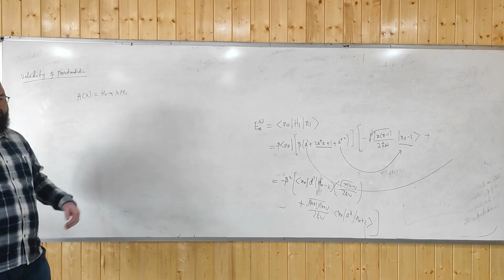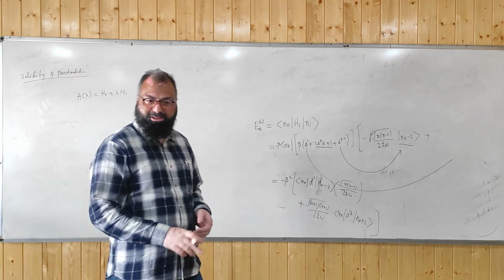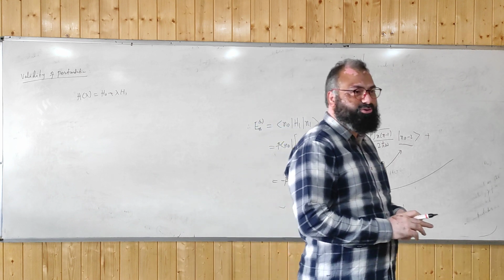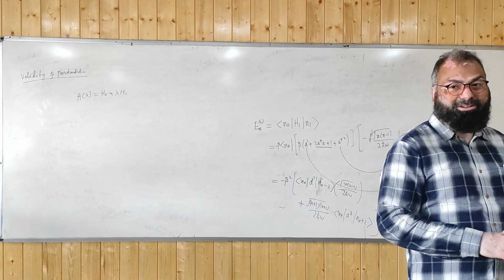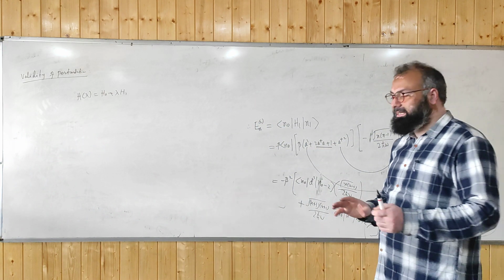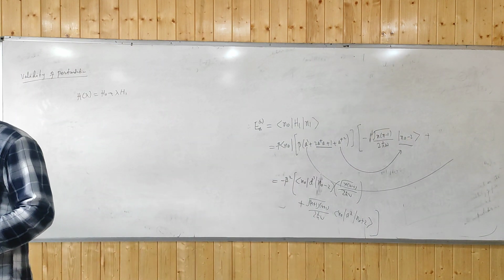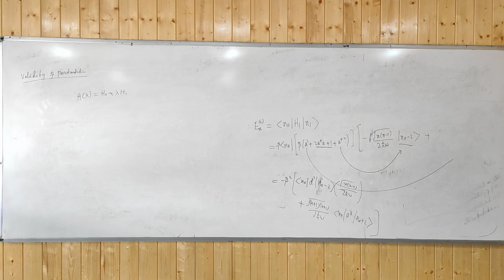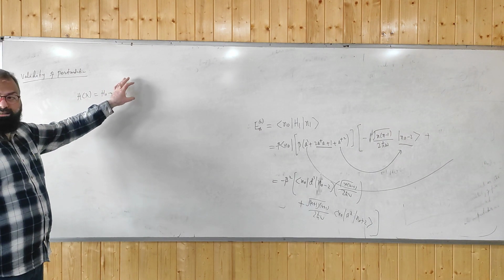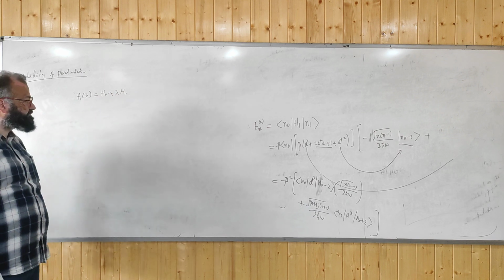And we argued that this perturbation must be small. Clear? So how small should it be? We need to quantify it. For that matter, we will take a simple problem of a two-level system and understand the order of magnitude of this term. Clear? So how small it must be.